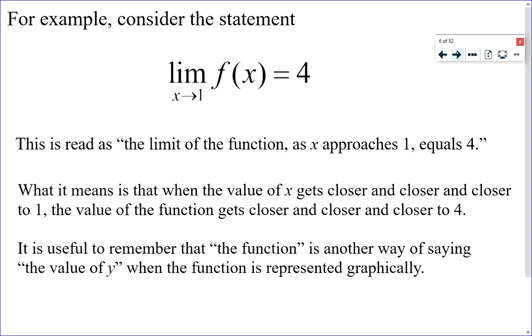Remember that the function, when we talk about the phrase the function, is the y coordinate. So when I plot a graph of y equals f of x, y is f of x. So the value of y is f of x.